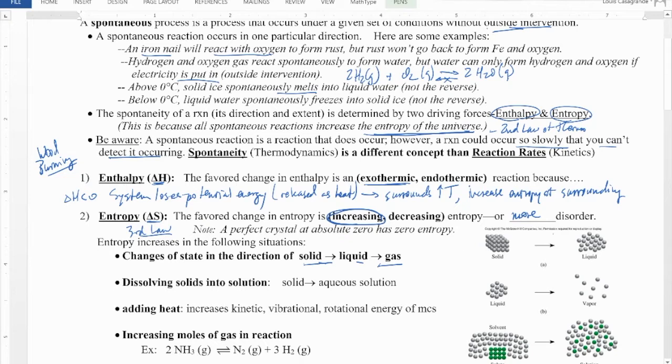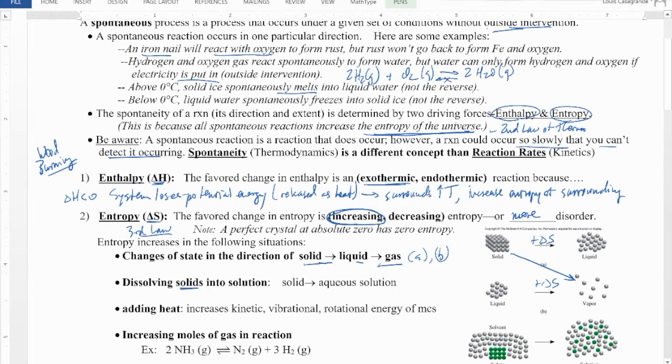On the right here, we see a solid going to a liquid and a liquid going to vapor. And going directly from the solid to the vapor should also have an increase in entropy. So going to the right on all of these is going to have a positive delta S.